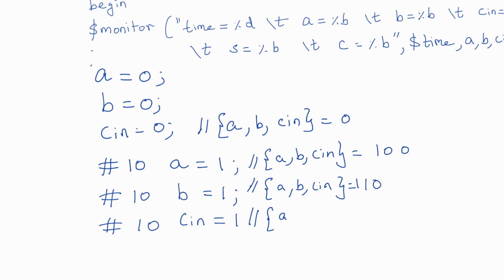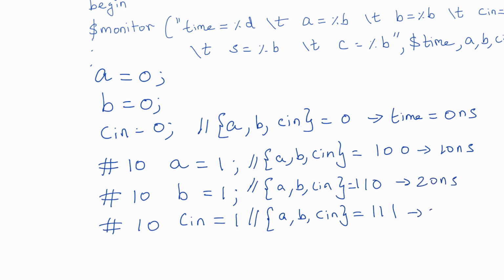These are not part of the code. Right, 1, 1, 1. So here it was, say, time was 0 nanoseconds. Here it was 10 nanoseconds. Here it was 20 nanoseconds. And here it was 30 nanoseconds.